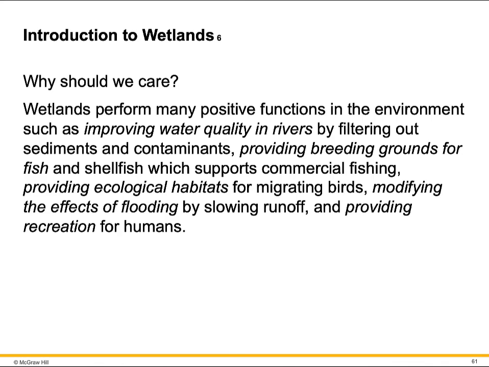Think about oysters. Oysters, a type of shellfish, they're bivalves, filter 50 gallons of water every day. They're cleaning the water. We don't want to kill them.